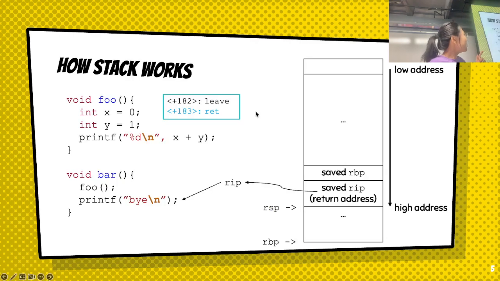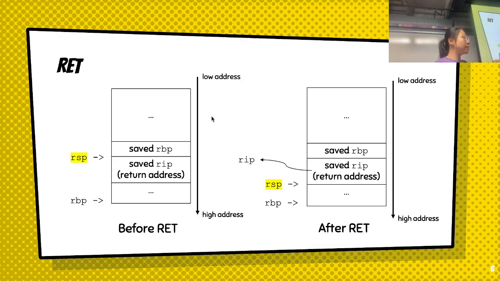Okay, so now we can forget about leave, we can forget about RBP, and only look at return. If you remember, when we say return, it means pop RIP and then jump to RIP, right? So two equivalent instructions. This is how it looks before the return instruction is called: RSP, which is the bottom of the stack, is pointing to the saved RIP, the saved return address.